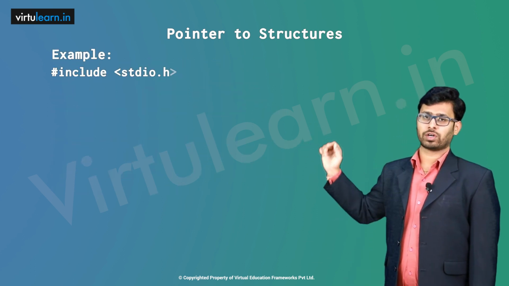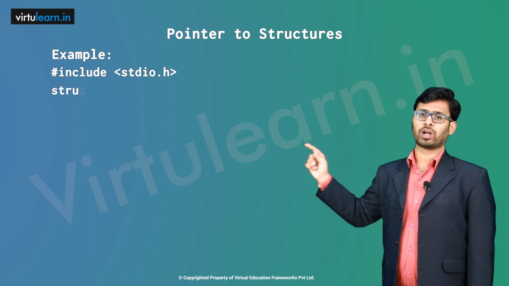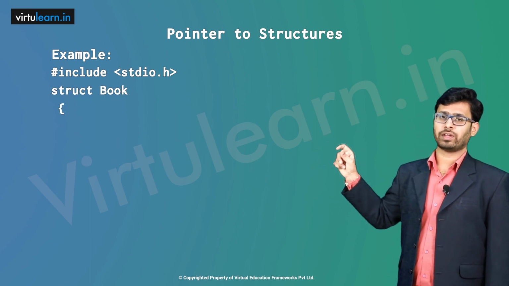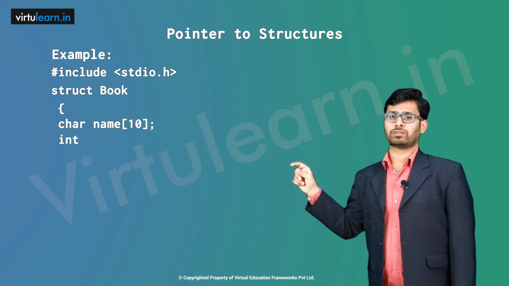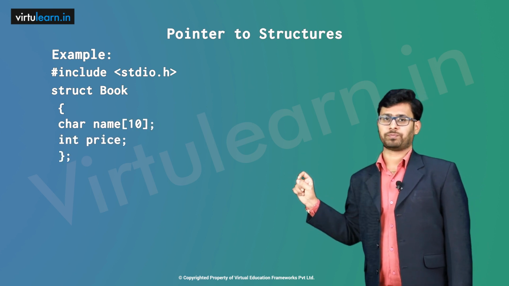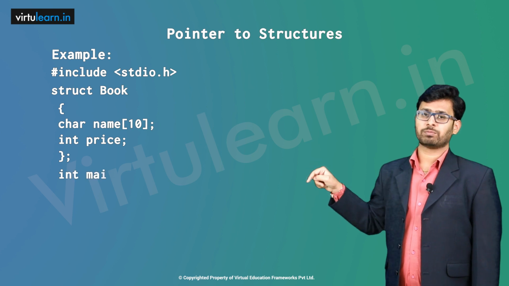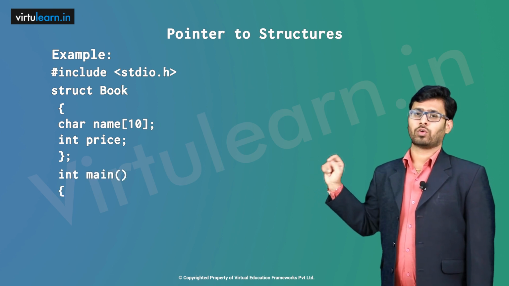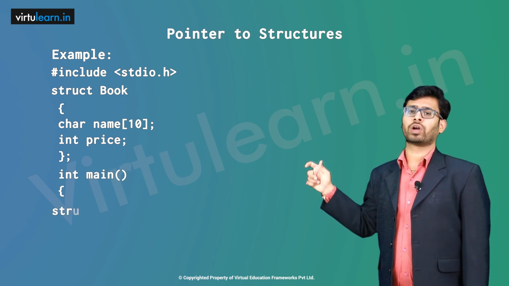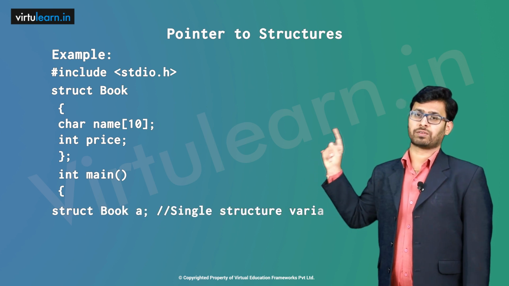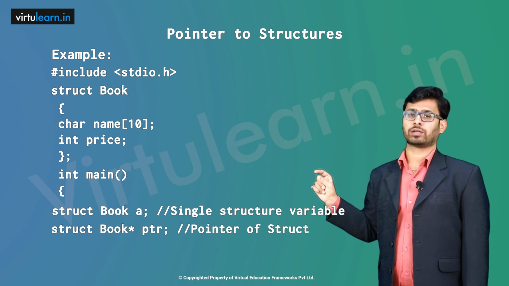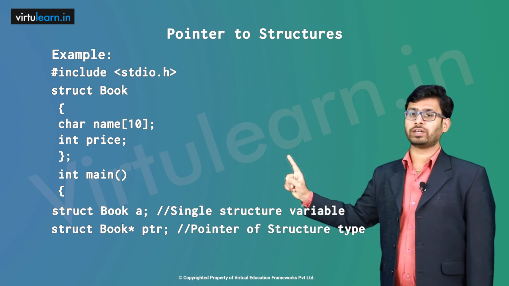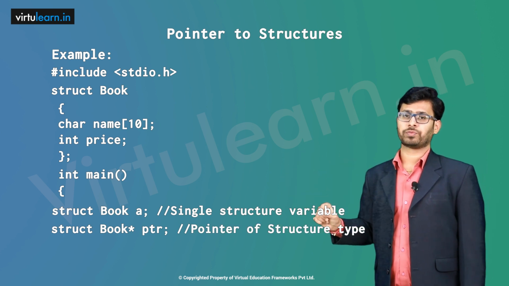Hash include stdio.h, struct book, and within this I am writing char name of some size 10, next int price, and I am closing the structure. In main, int main, open the curly brace, struct book A, this is a single structure variable, struct book star PTR, so this is a pointer of structure type.